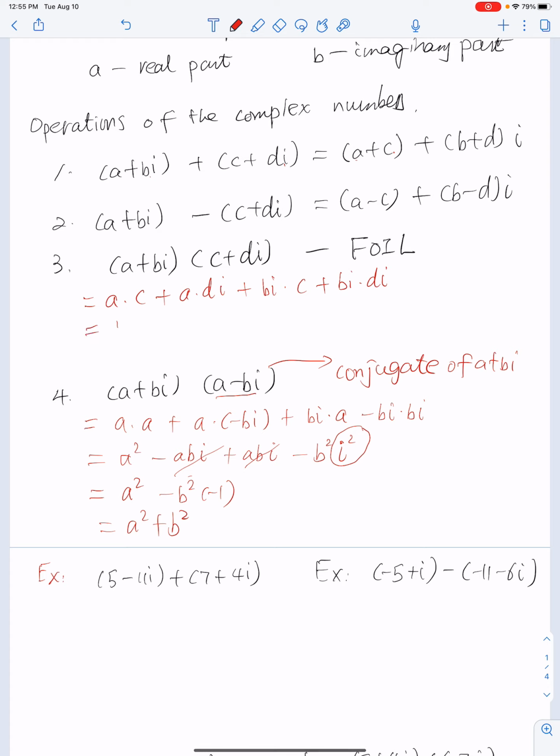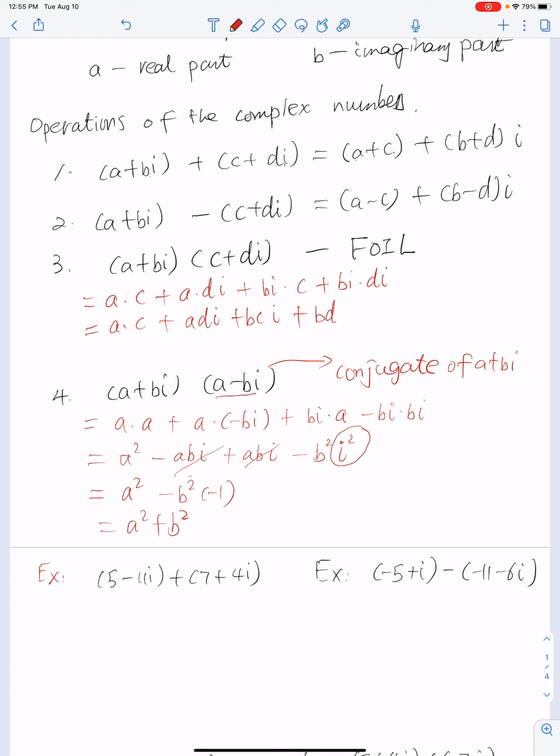So then we will see what we have. a times c plus a di, and we wanted i as x, plus bci. What will be the last part? It is b times d is bd.